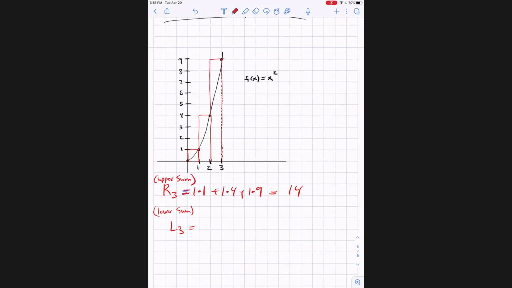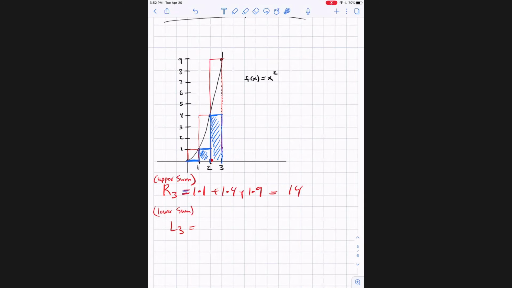So now I'll use a different color, and for the lower sum I would get the left side, meaning for each little partition, I'm going to use the left function value, and in this case, it's just going to be a 0 on this side. So what I did here is, let's look at the interval between 2 and 3. The reason why between this interval, between 2 and 3 right here, you see where my cursor is at?